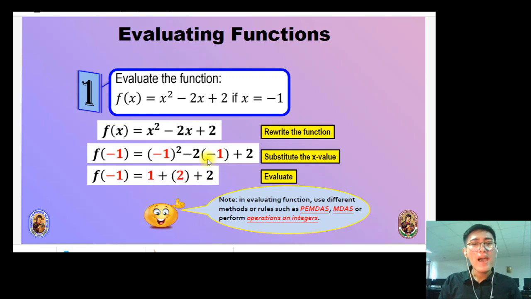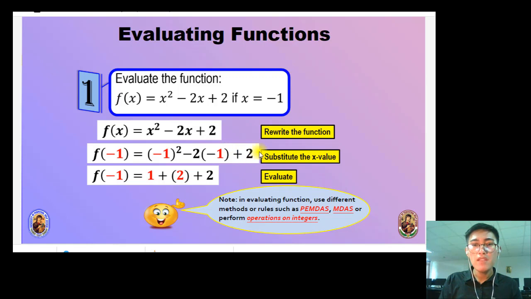Next, we have negative 2 multiplied by negative 1. Of course, the rule says if we multiply both negative numbers, the answer will be positive. But when we multiply numbers with opposite signs, the answer is negative. Okay, so negative 2 times negative 1 is equal to positive 2.